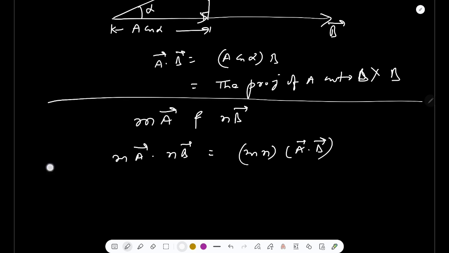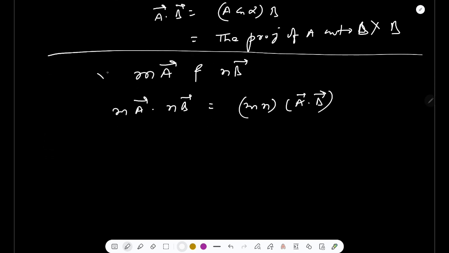And you can notice another thing, that A dot B and B dot A are not different, they are the same, because A dot B is AB cos theta and B dot A is BA cos theta, and both are the same. So clearly the dot product is commutative.